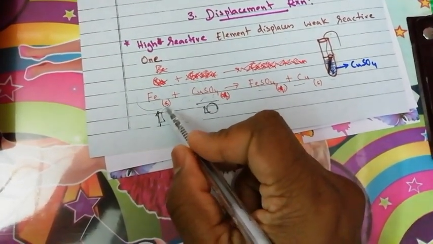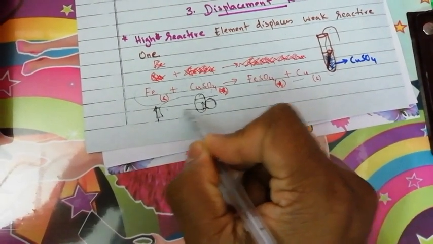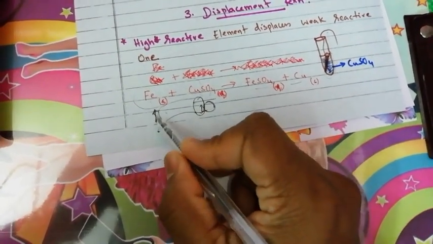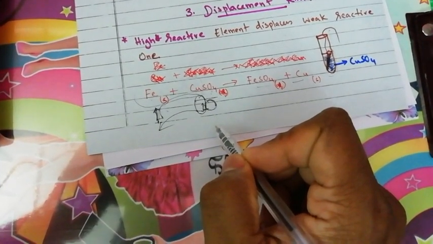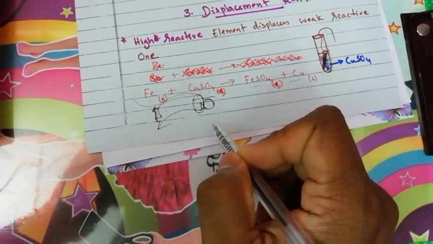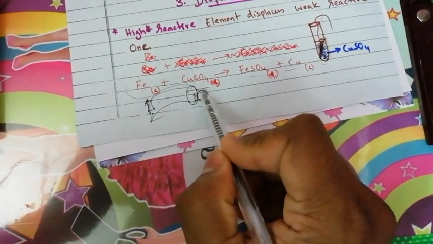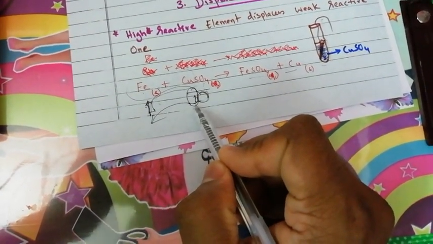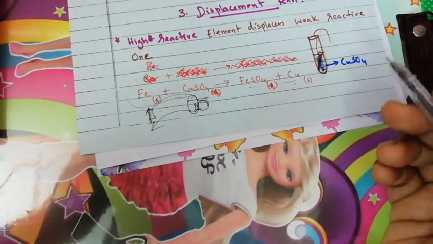He can come and throw this small lean boy outside, and he can go and stick with this sulfate. Am I right? It's very simple for a fat boy to do. So what happens? Iron can come and join with sulfate, and what about the copper? Copper goes out. Will you understand here?